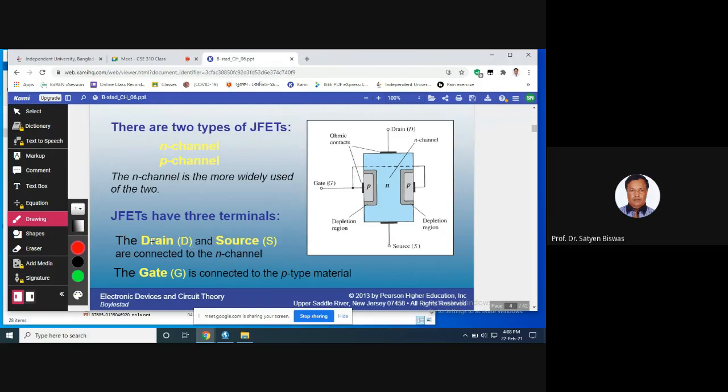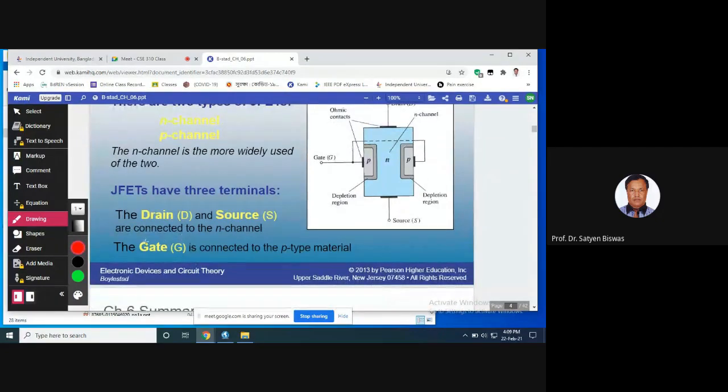Drain will collect. And the gate is actually like the base. How was the base? The base was the controlling component. When we apply a voltage to the gate, the transistor turns on, and when we take away that power, the transistor is off.